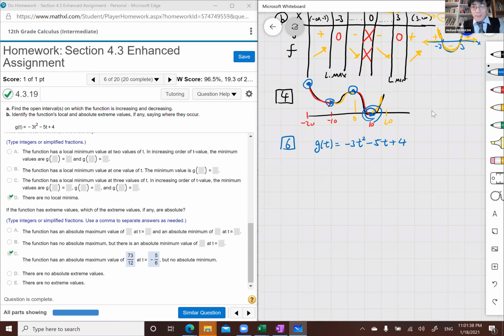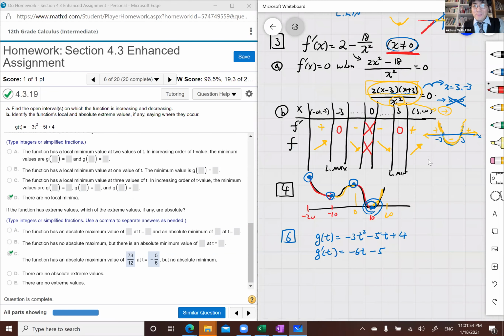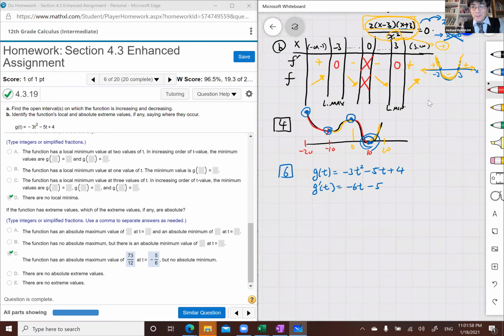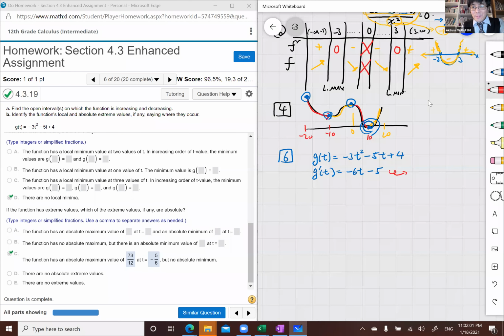So first of all, we are going to find g prime, which is -6t minus 5. Now I'm going to follow the same thing as we did in the first 3 problems, which is to find the critical points. So for the critical point, what value of t makes this 0? That's going to be -5/6. So that's a critical point.